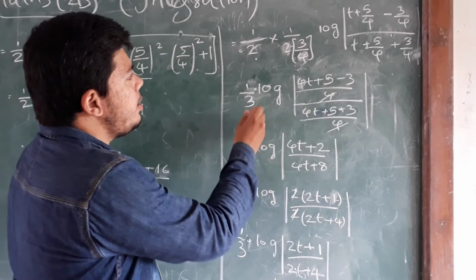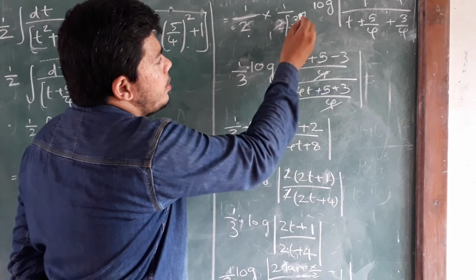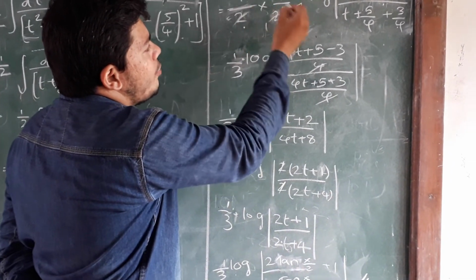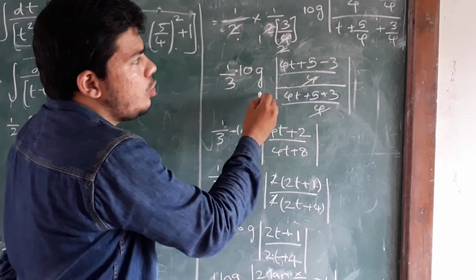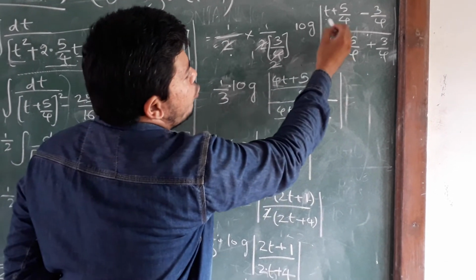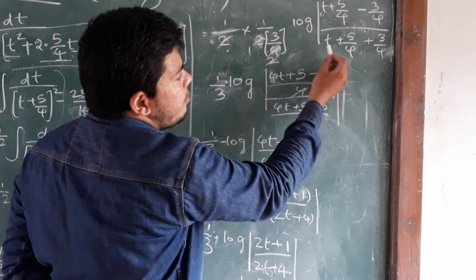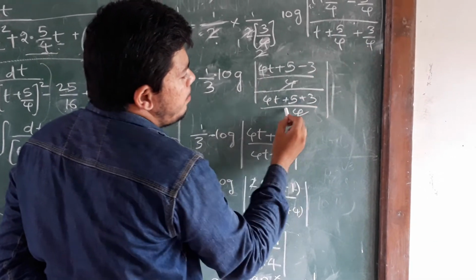So 1 by 2 into 1 by 3 by 2, the 2 and 2 get cancelled, so we get 1 by 3. 1 by 3 into log, taking the LCM 4: 4t plus 5 minus 3 by 4, and in the same way 4t plus 5 plus 3 by 4.